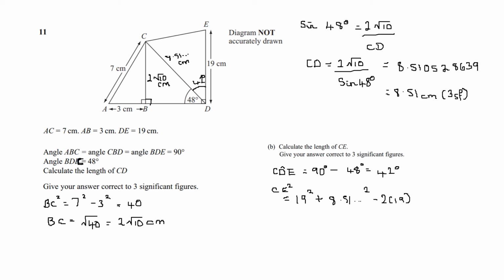Minus 2 lots of 19 times 8.51 times cos 42 degrees. So CE squared will be 193.095995.